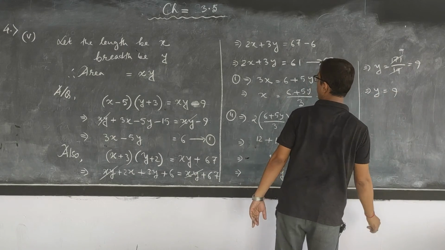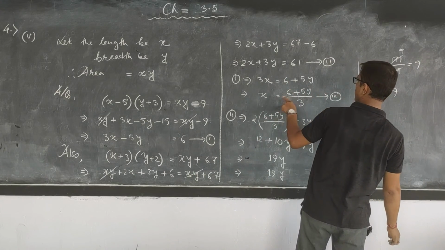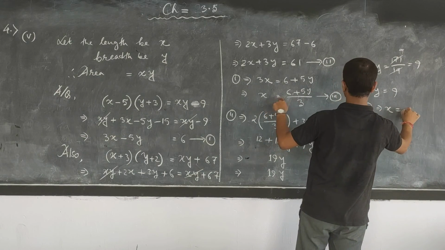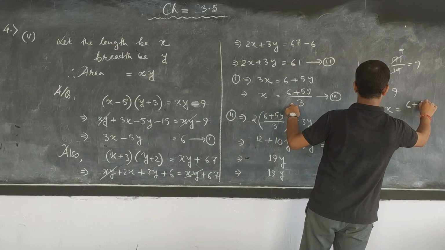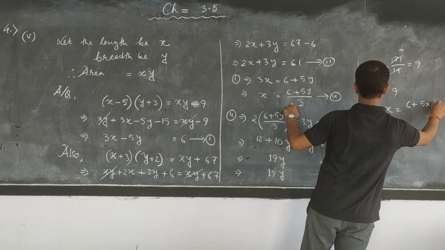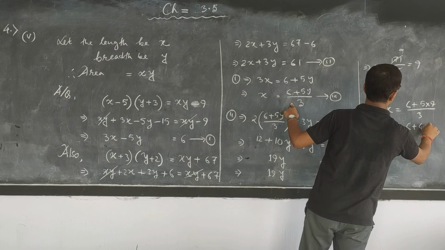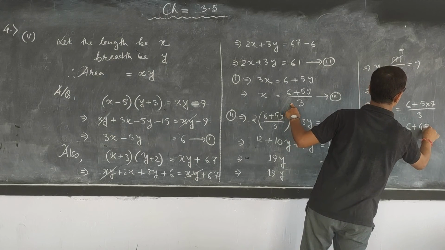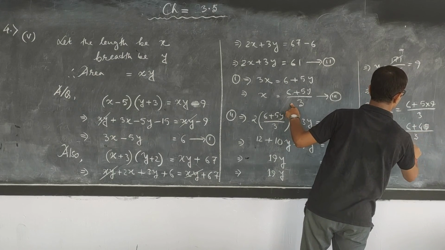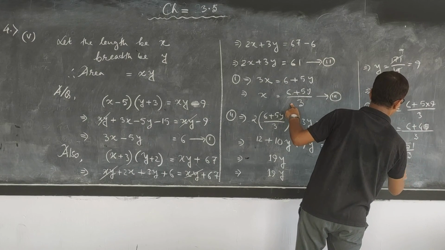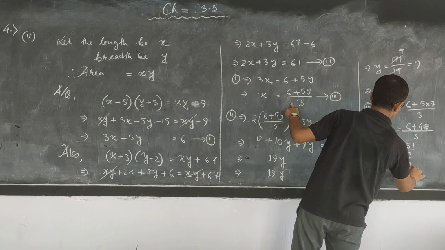Let us substitute the value of y in equation number 3. Equation 3 will give you x is equal to 6 plus 5 into y, y is 9 as we have obtained, by 3. So 6 plus 45, 51 by 3, 17.